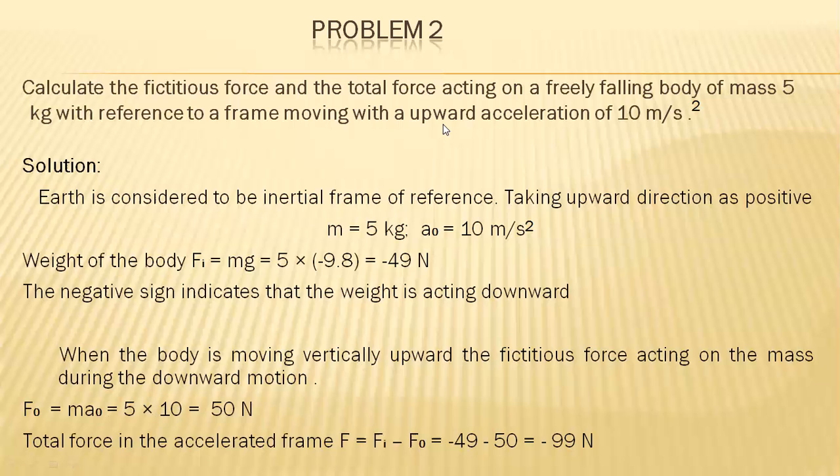You have to take the upward direction as positive. Therefore, 5 into 10 is 50 Newton. The total force in the accelerated frame is given by F equals Fi minus F naught, that is minus 49 N minus 50. Therefore, the total is minus 99 Newton.